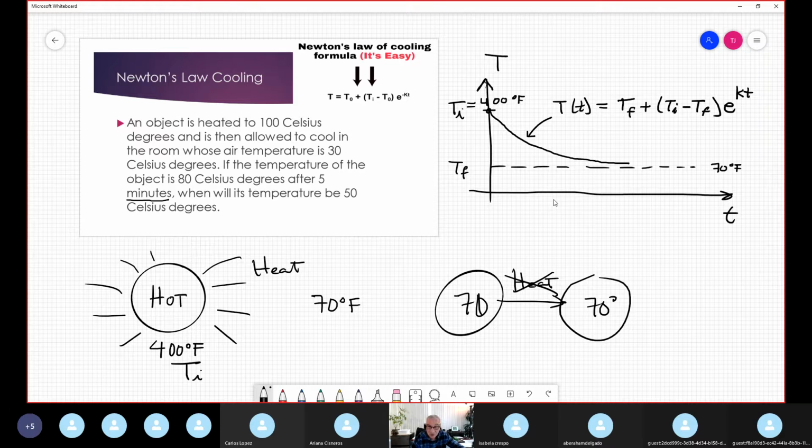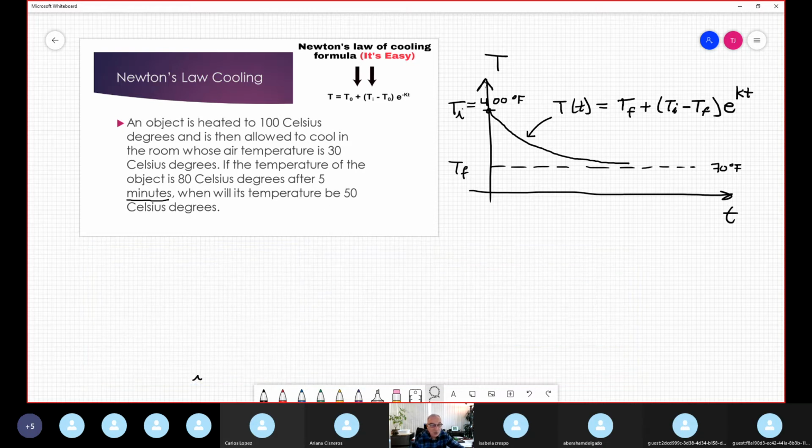It's not important to say now. Okay, so let's come back to our problem. You understand the formula a little bit. Let me erase that part. This is the formula for Newton's cooling.